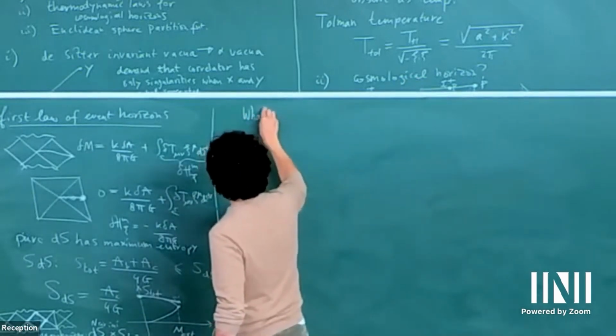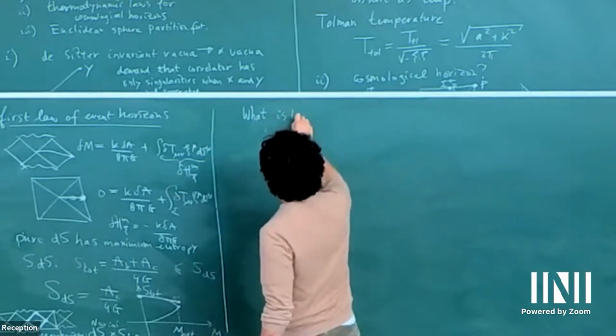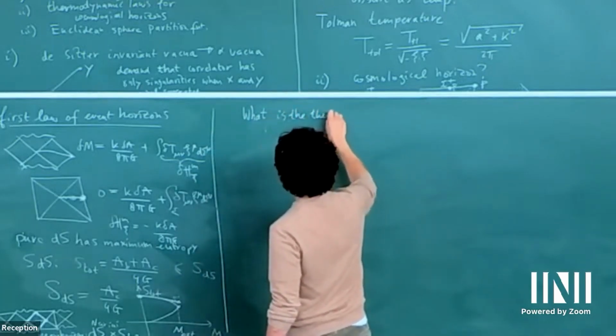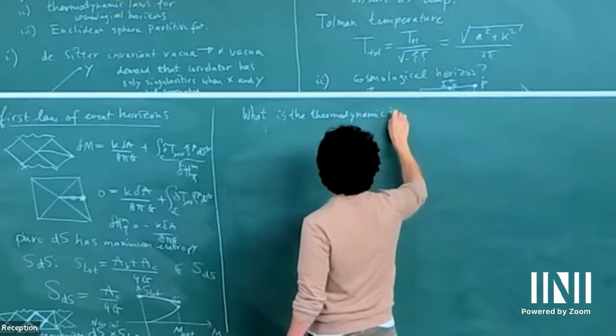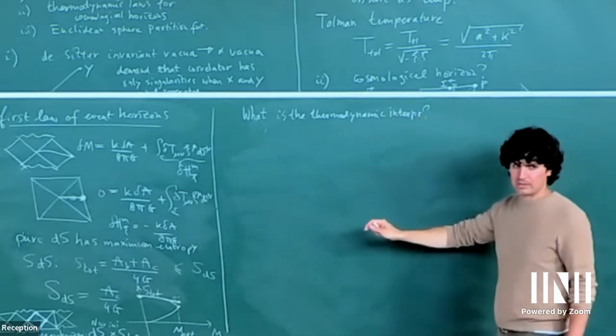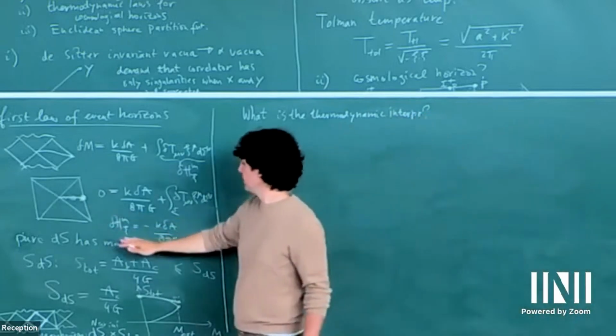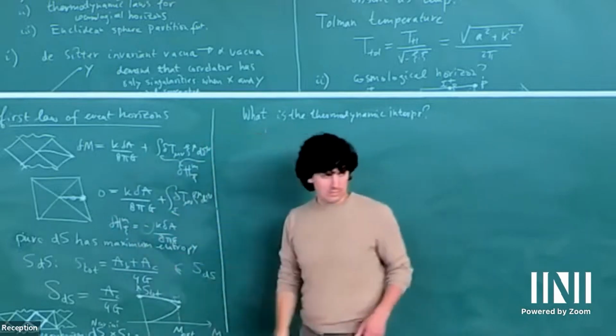Now coming back to this first law, I want to understand what it means, the thermodynamic interpretation of this first law. People have been confused, especially about this minus sign.